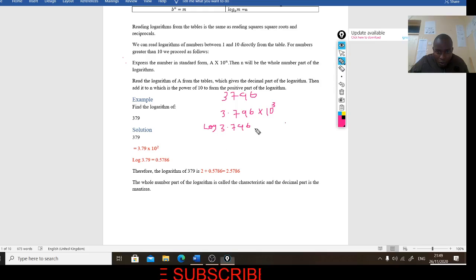So we shall have the log of this equal to what we have found, 0.5786.